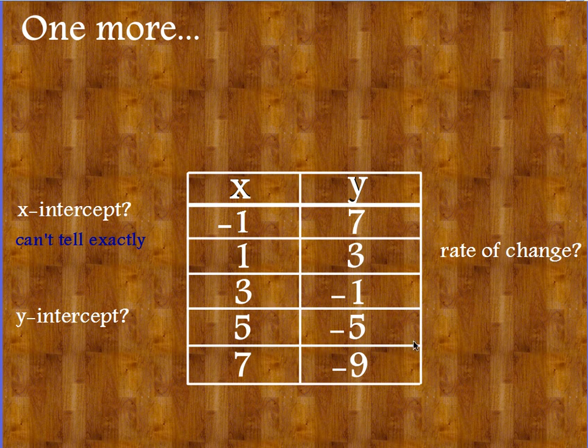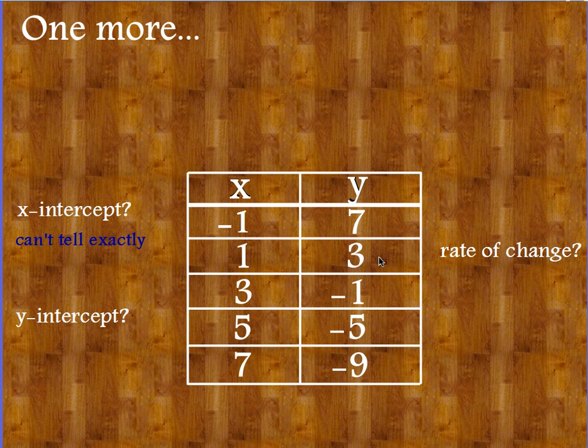The y-intercept, on the other hand, is where x is 0. And I'm going to show you a little bit of a trick to help you find the y-intercept. This trick would not have worked with our x-intercept, but it will for our y. The y-intercept is where x is 0. And I know that 0 is exactly halfway between negative 1 and positive 1. That means that our y-intercept is going to be exactly halfway between 7 and 3.